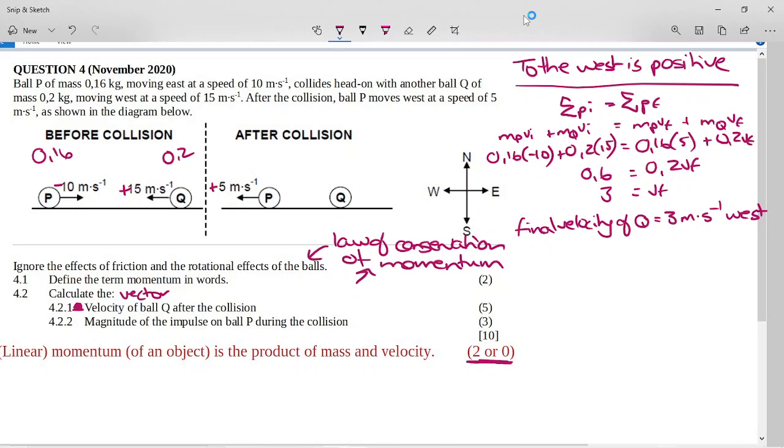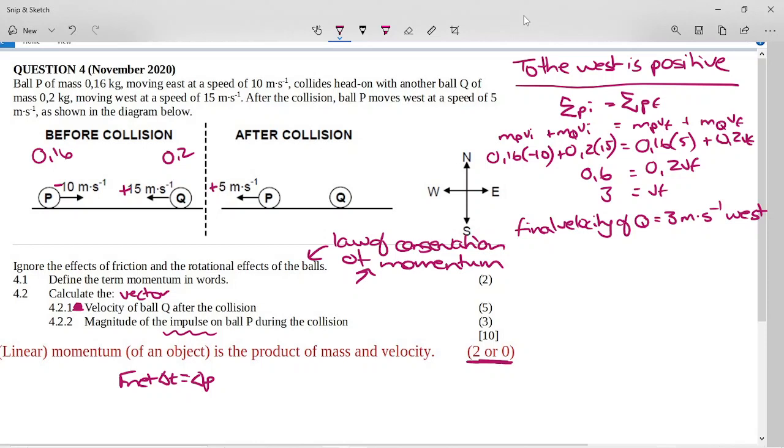It is a vector. It will be positive 3 meters per second to the west because we said that was our positive direction. Now it says to you, what is the magnitude of the impulse on ball P during the collision? So remember we have this formula that says F net delta T equals delta P, and this is the formula for impulse, the one that you can use.